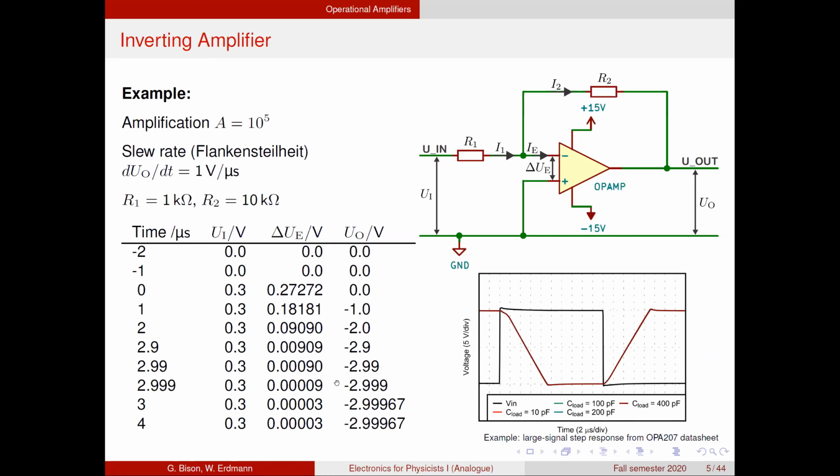This is actually something it could achieve given the supply voltages, but it's still not its steady state. So we have to go a small fraction in time further until this differential voltage has decreased to 0.0003 volts.